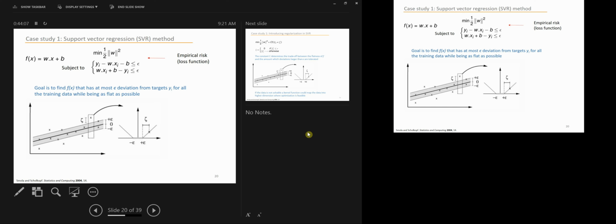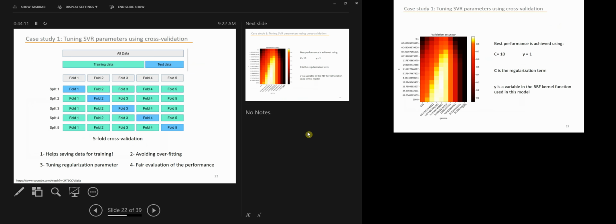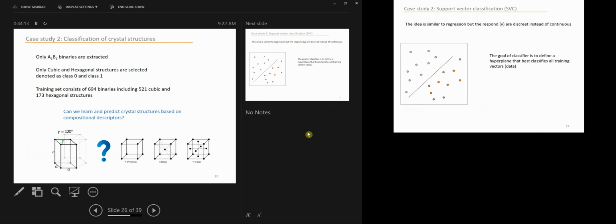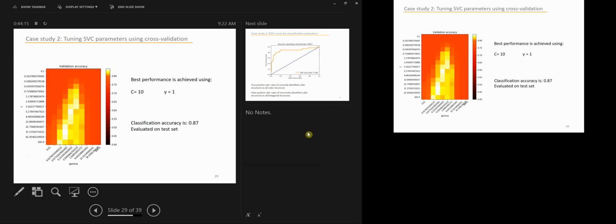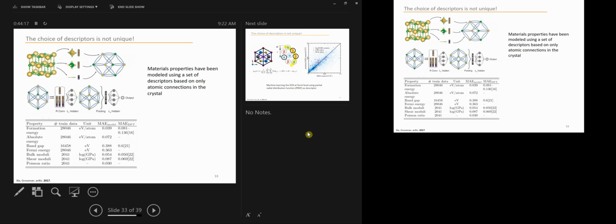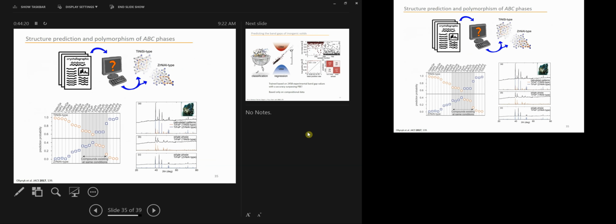Yeah, so if you go really quick, Ari, go to the slide with the ABC phases, the machine learning one. So an example of this is that support vector classification is always a binary classifier, always 0 or 1. For ABC compositions, there are actually 7 common crystal structures. So basically we classify all compounds as titanium nickel silicide type would be 1, and the other 6 crystal structure types would all be 0.